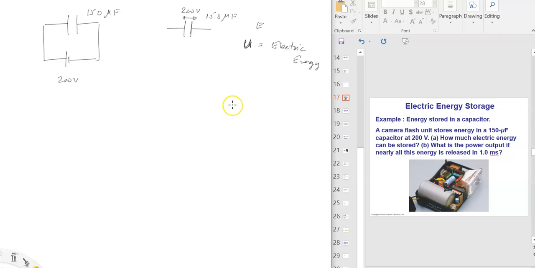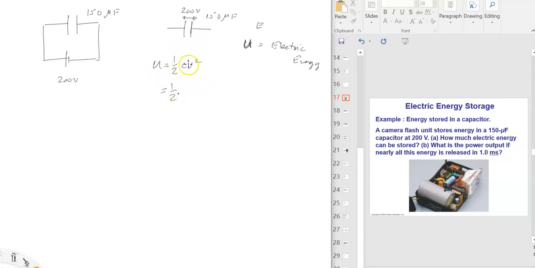Okay. Straight away you can say U equals, think of one of those equations. We have half Q squared over C, we have half QV, we have half CV squared. Here we haven't calculated Q, so I'm going to go with half CV squared.